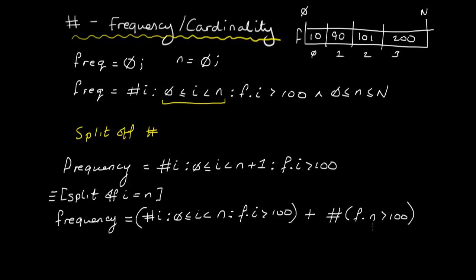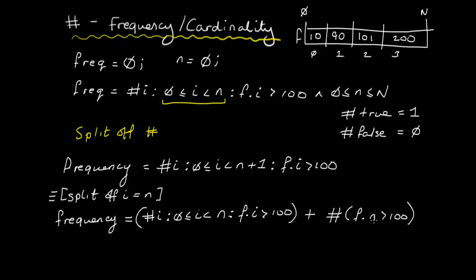Okay, now how does this work? What does this mean? Well, the cardinality of true is 1. And the cardinality of false, yeah, you guessed it, is 0.